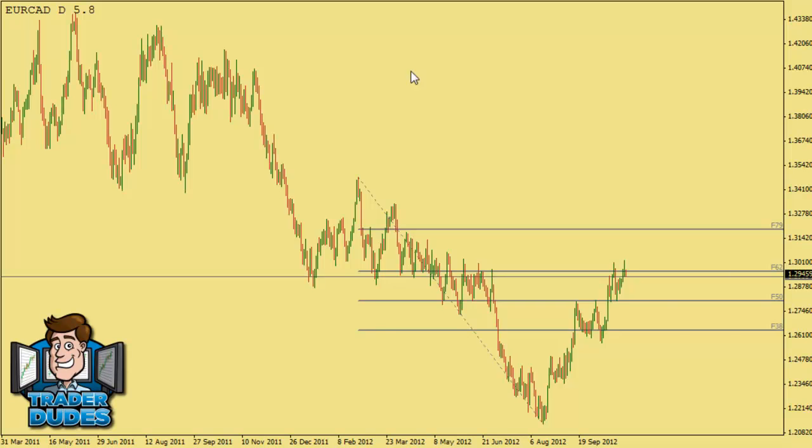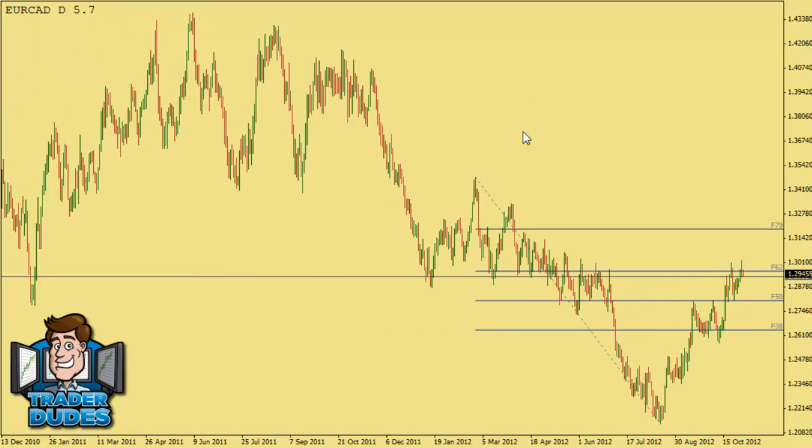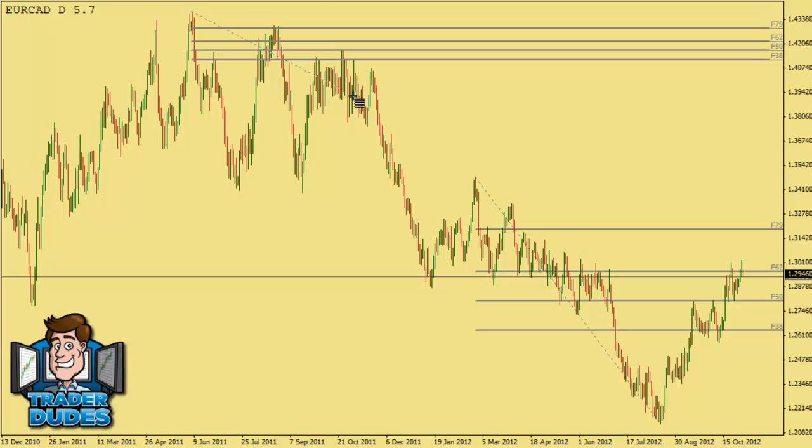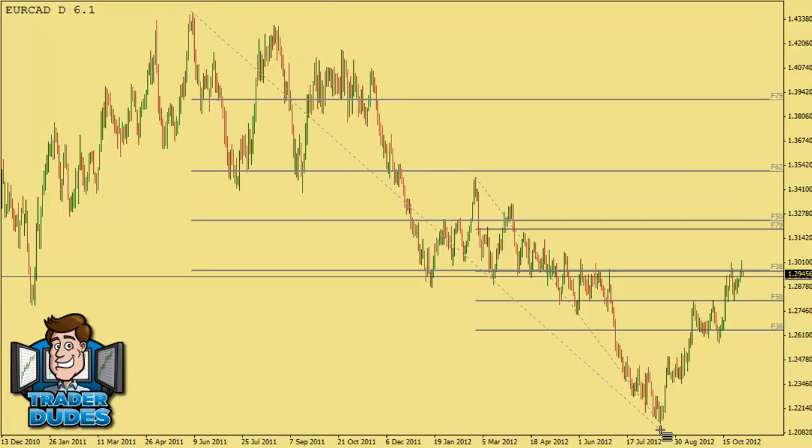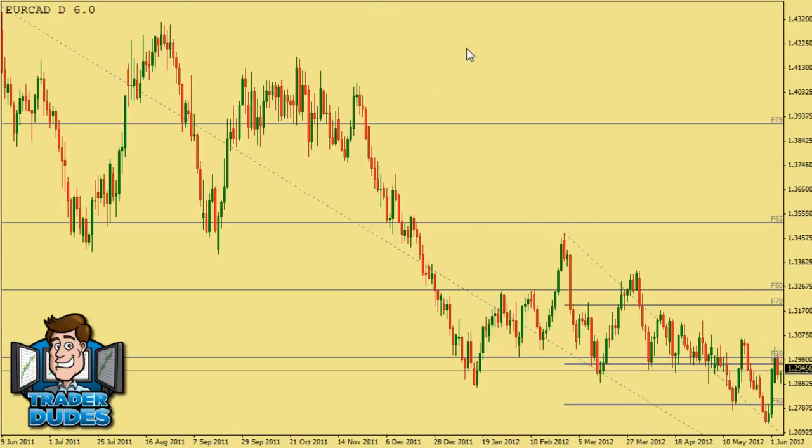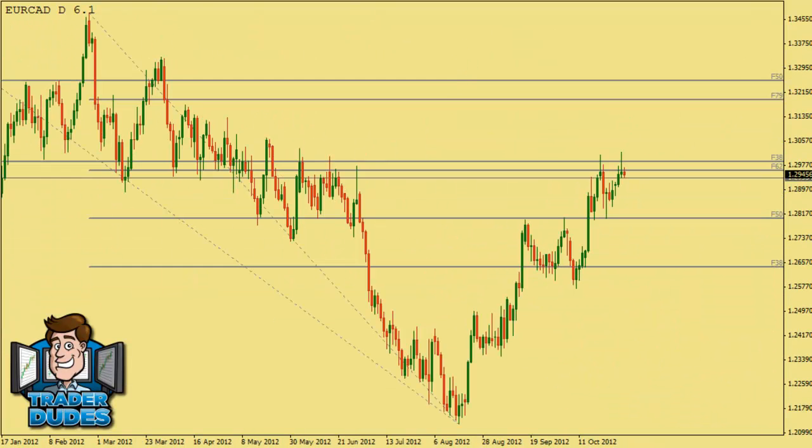Okay. Next, if we zoom out even further, we've had the recent swing from this high to this low. Now, if we take sort of the next larger swing from this high here to this low here, you can see, if we zoom in, we also have the 38 fib lining up here.